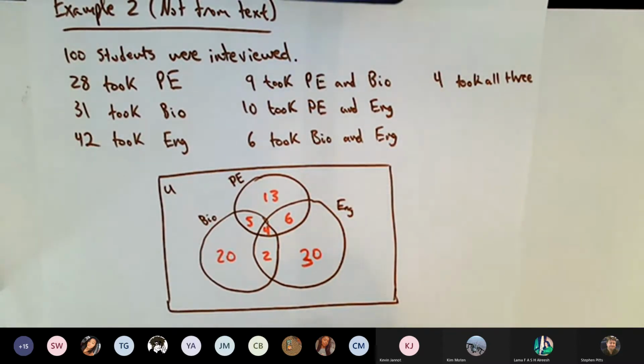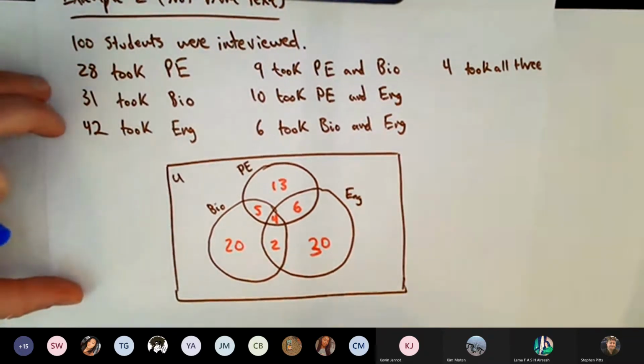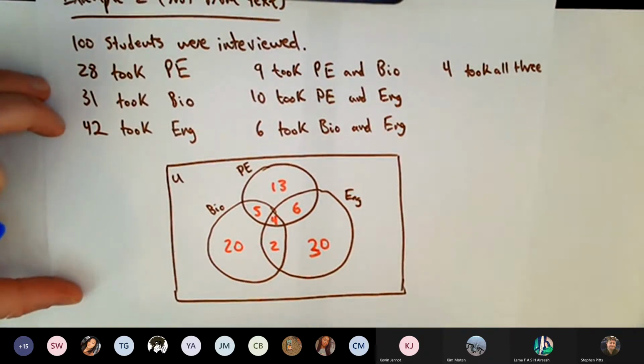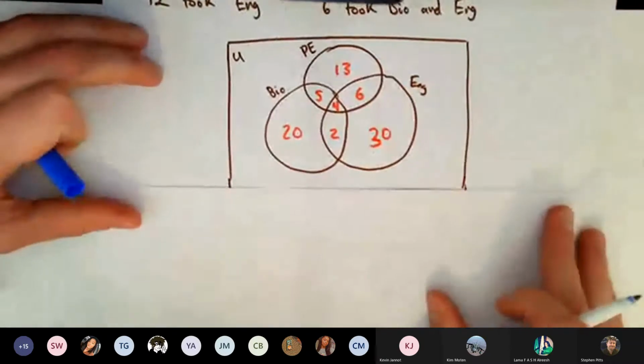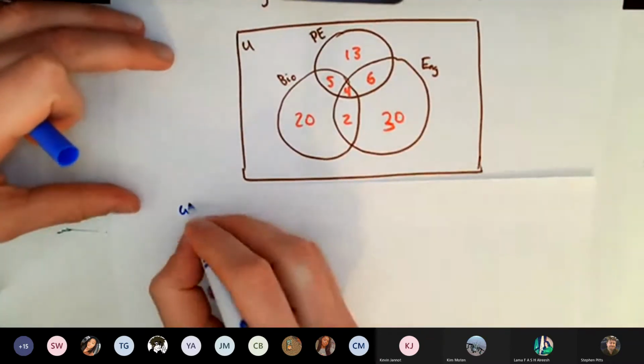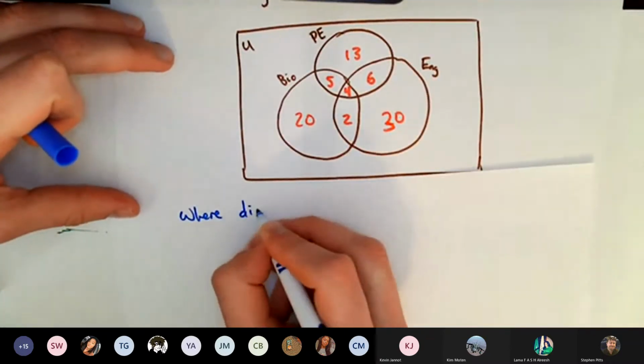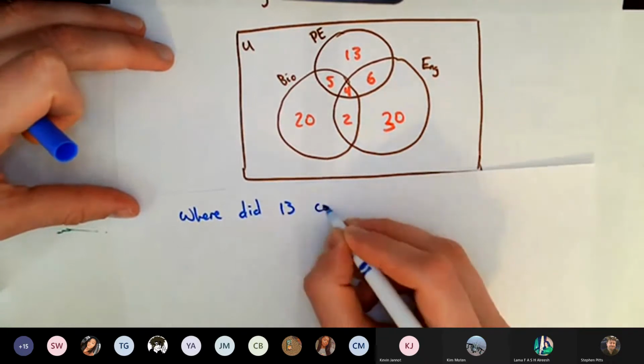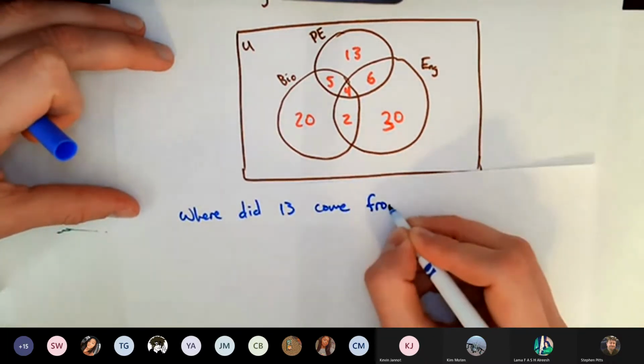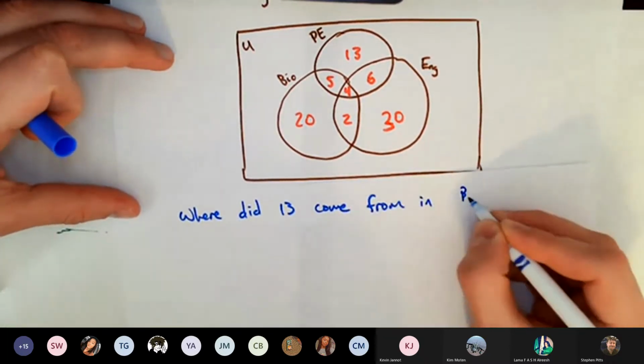So let me just reiterate this. Just with one of the sets, like if we were trying to find that 13, where did the 13 come from in PE?